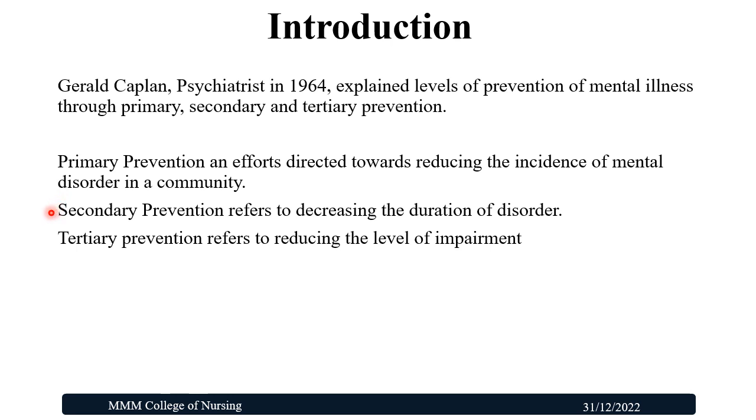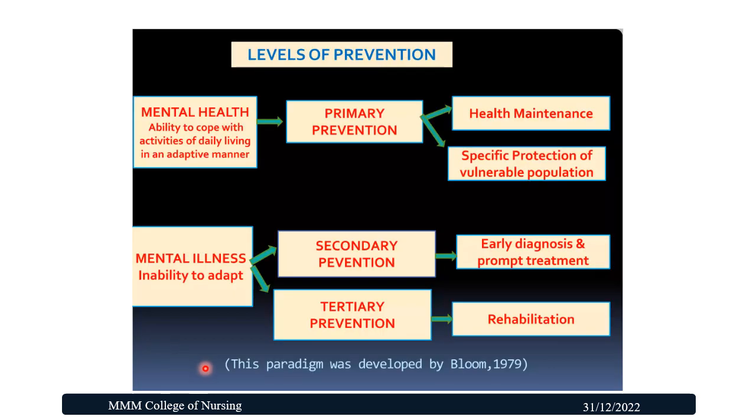Secondary prevention refers to decreasing the duration of disorder, and tertiary prevention refers to reducing the level of impairment. This paradigm about the levels of prevention was developed by Bloom in 1979. You can appreciate the illustration about primary, secondary, and tertiary prevention.